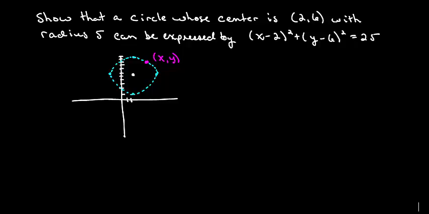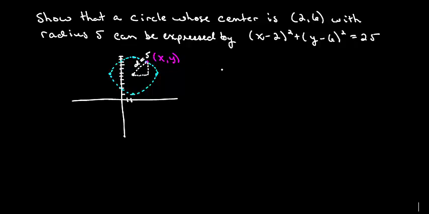Well, let's take our center and discuss the distance to the center. Well, the distance out from our center to an arbitrary point, this distance right here, we know that that's equal to 5 because it's the radius of the circle.